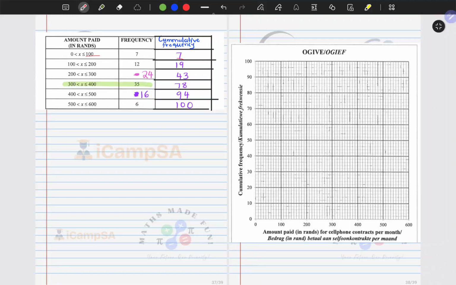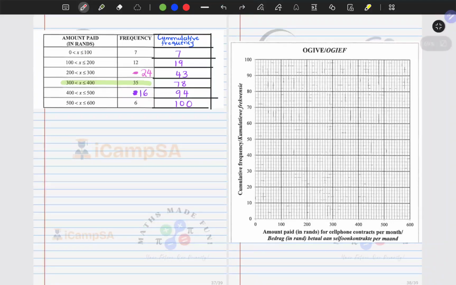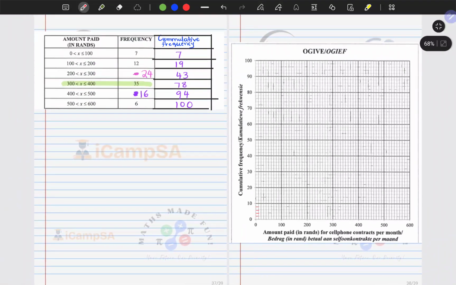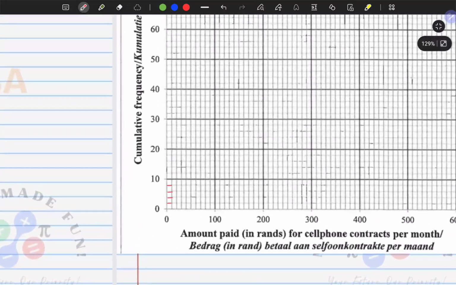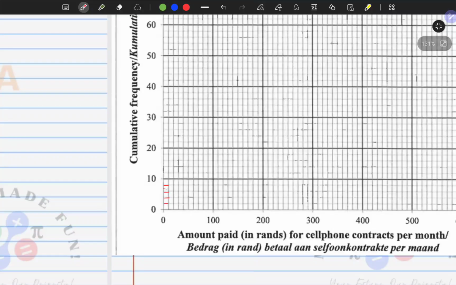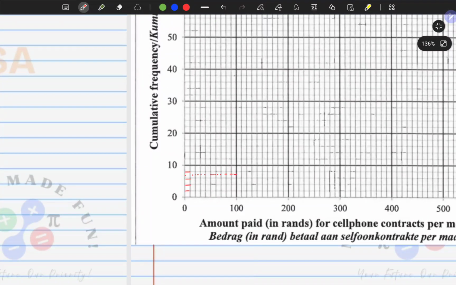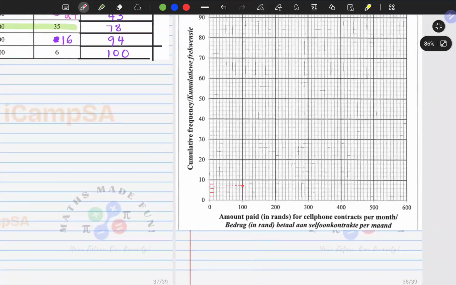So at 100, we have 7. If you look carefully, we figure out the scale: 1, 2, 3, 4, 5. This is going in twos, so we have 2, 4, 6, 8. I'm looking for 7, so 7 is somewhere in between here, with an upper limit of 100. So we should have a point somewhere there, right?